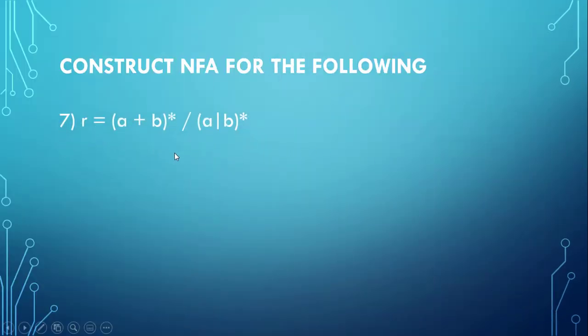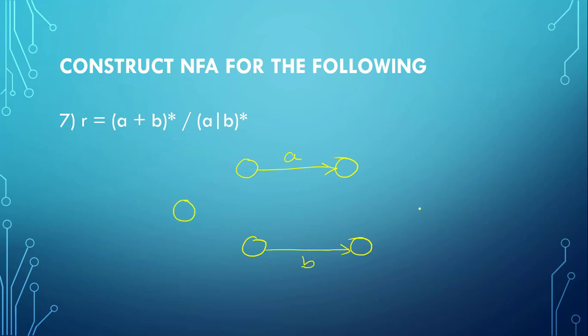Let us see one last example for this session. So we will draw the NFA for A plus B star. So for drawing the NFA of A plus B star, first we need NFA of A, we need NFA of B, we add a start state and a final state for A plus B connected over epsilon.